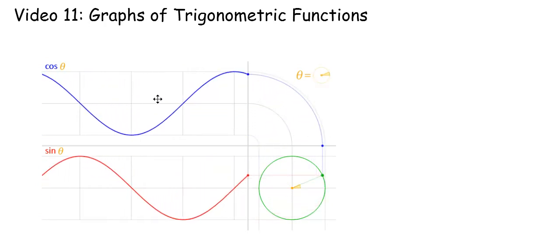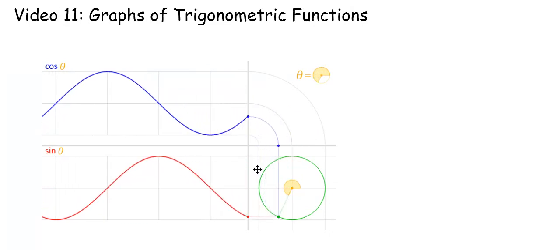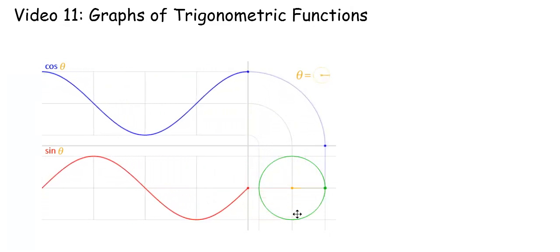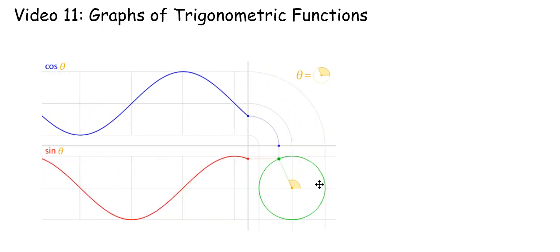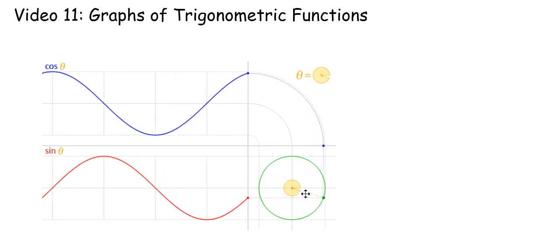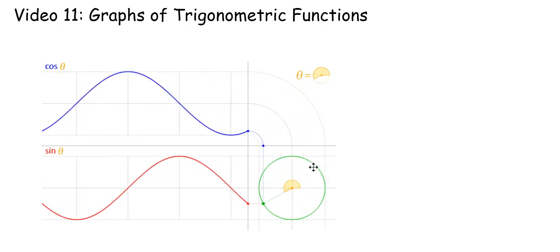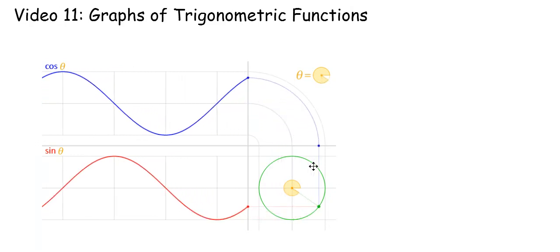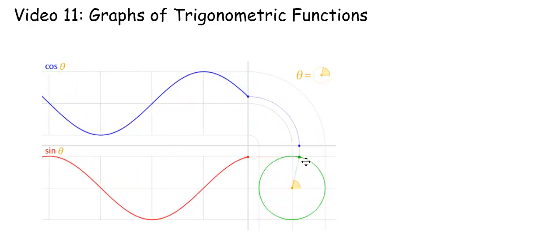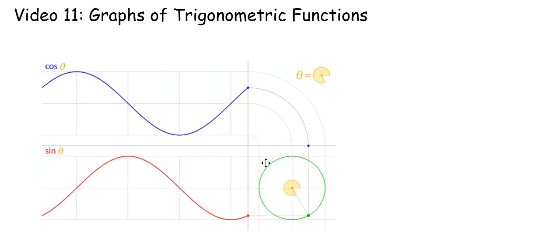So right here, I have a little animation. What I'm trying to show you here is the relationship between an angle in radians and its respective sine or cosine. The green here is the trigonometric point as it goes around the unit circle.